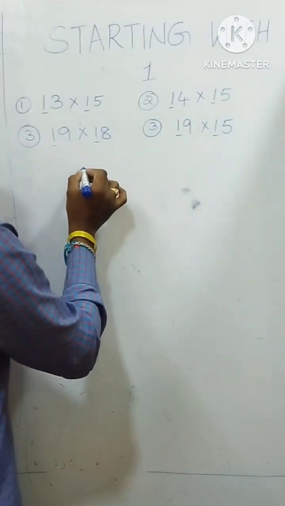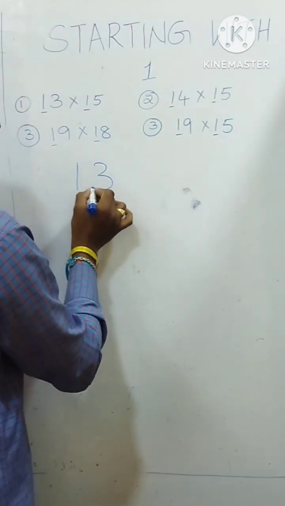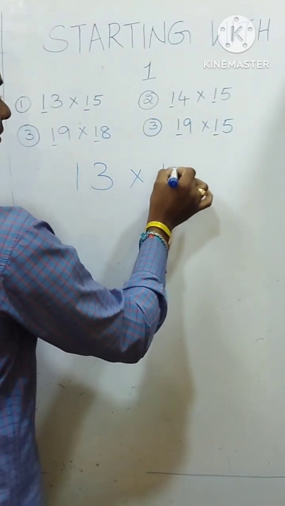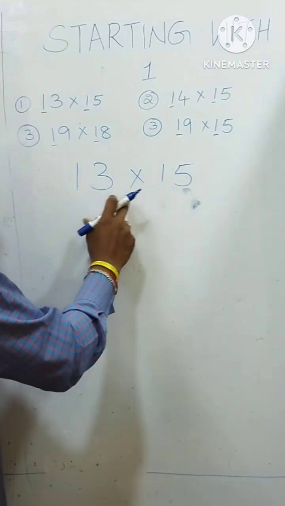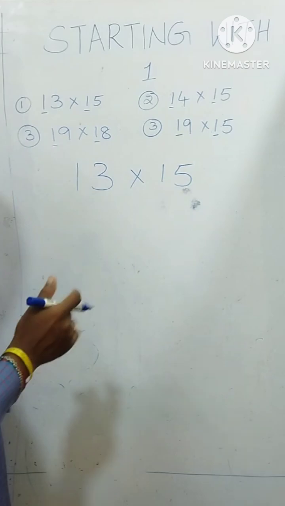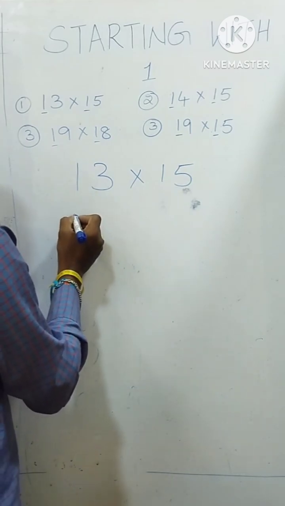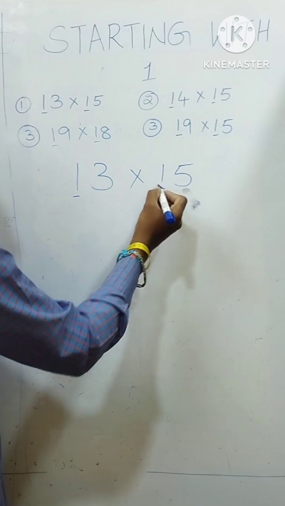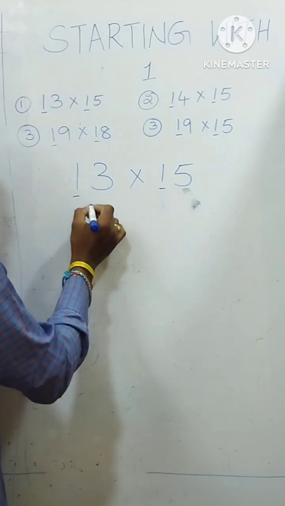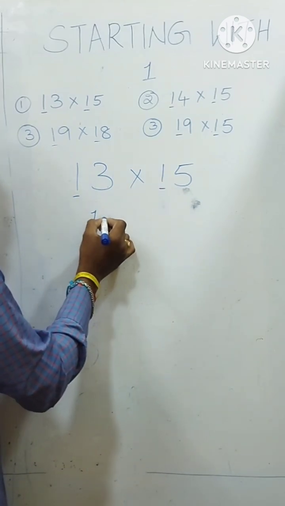For example, 13 into 15. We have to do 13 into 15. Both the numbers are starting with 1. So, in the first step, 1 into 1. That will give you again 1.